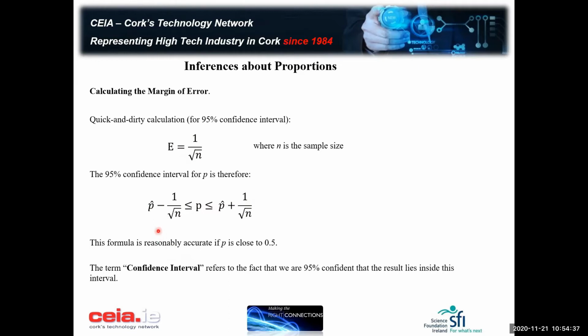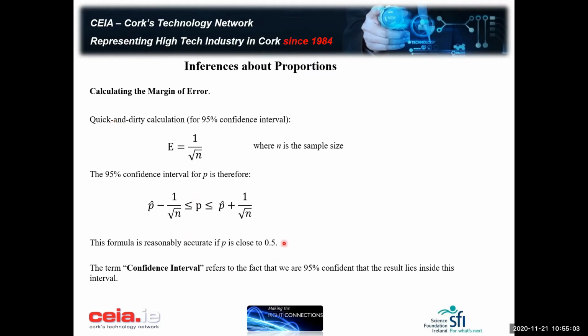So for this quick and dirty calculation, using E is 1 over root n, this becomes the confidence interval. It's called an interval because this is the range of values in which p is 95% likely to lie. Now, I said this is quick and dirty.